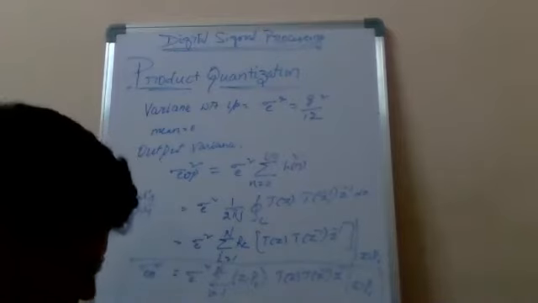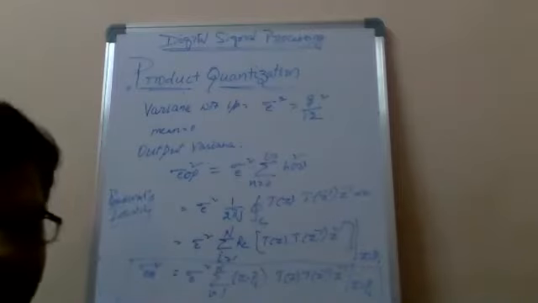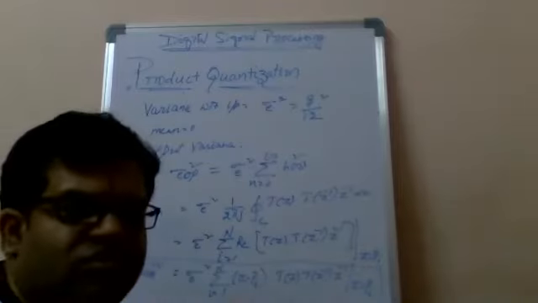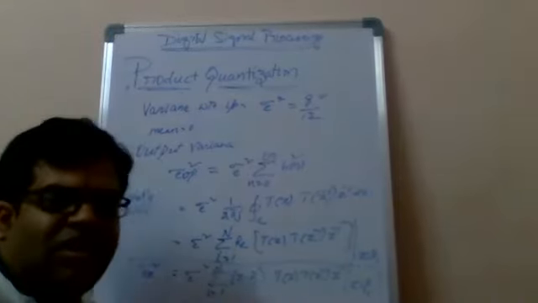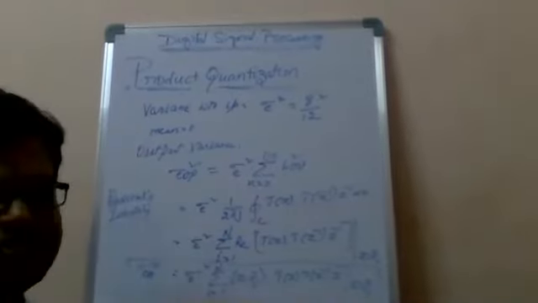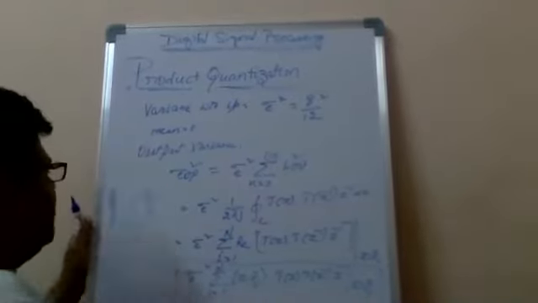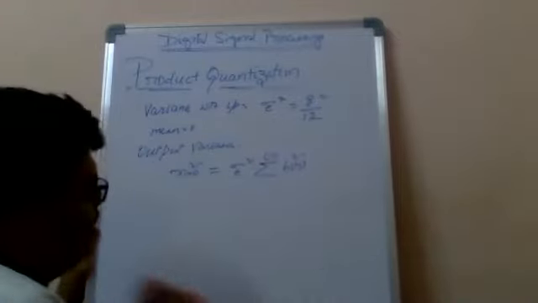So this is briefly about product quantization. I have given an example in the notes, so you can go through it. If you have any doubt, we will discuss this product quantization error once again in the discussion period.